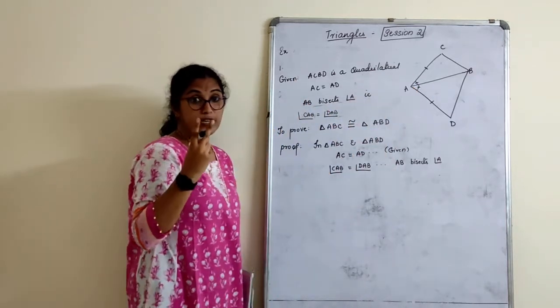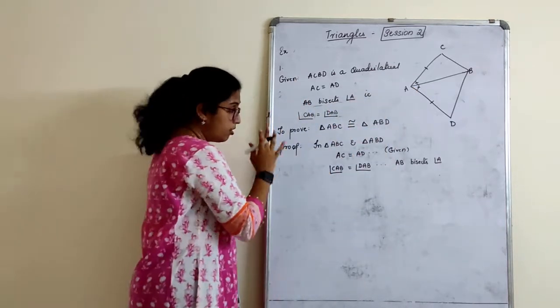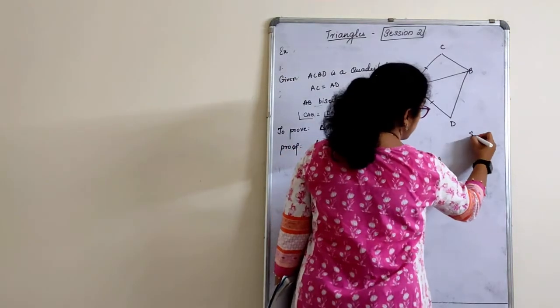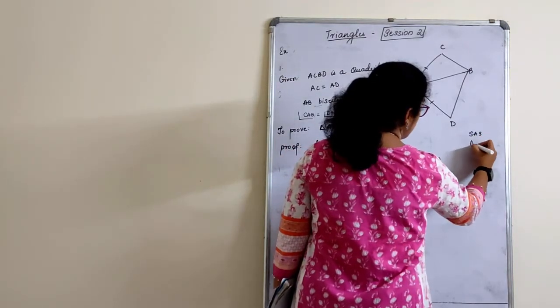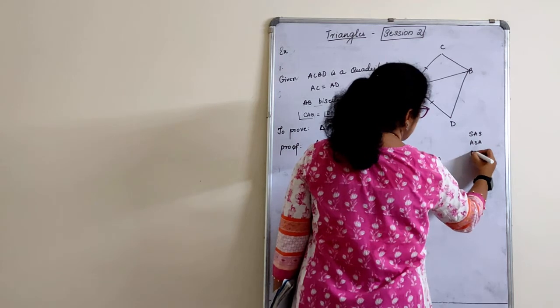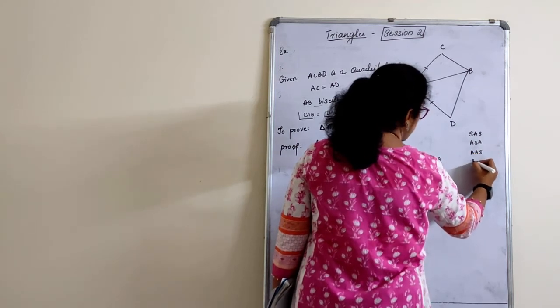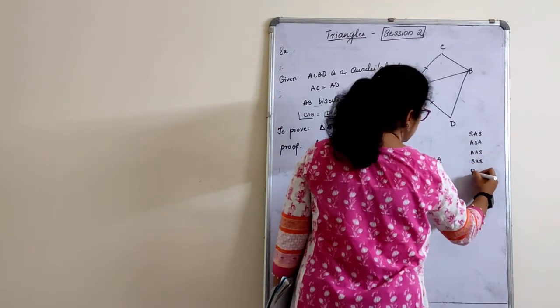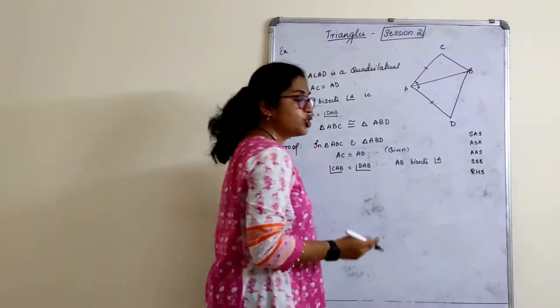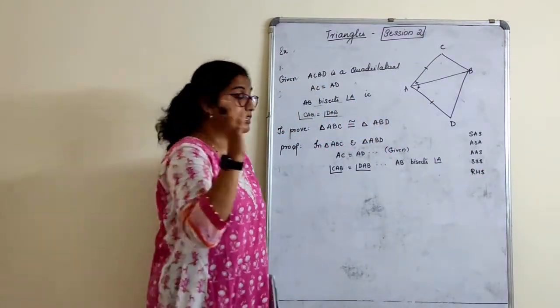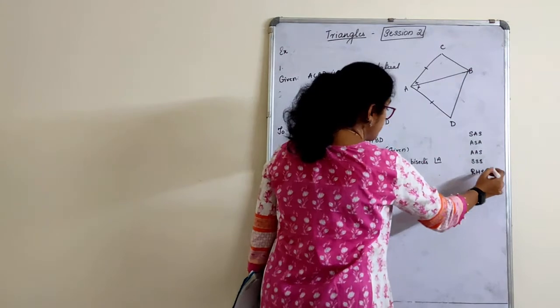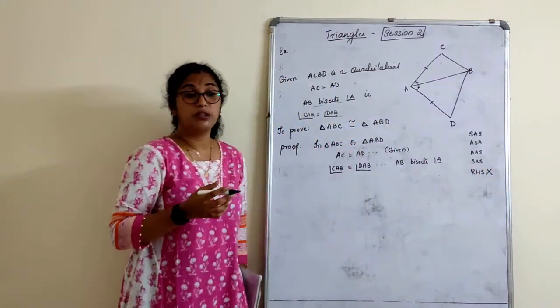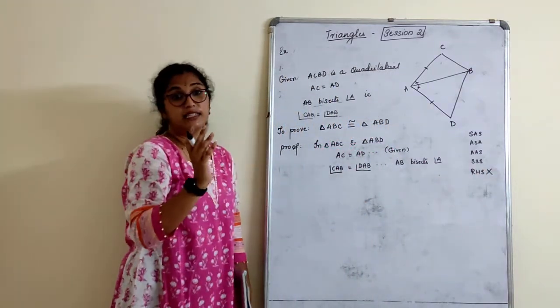Now you have two choices. You can't say, always it can be proved by SAS, ASA, AAS, triple S, or RHS. RHS can come only if you have 90 degrees. So forget about RHS here. Triple S cannot come because already one angle is equal.